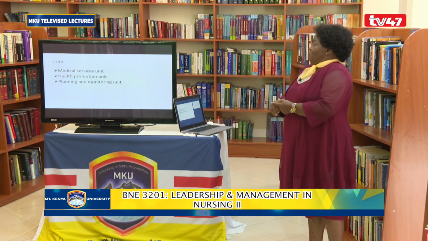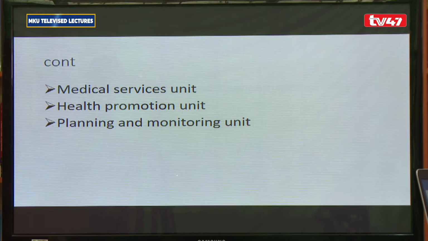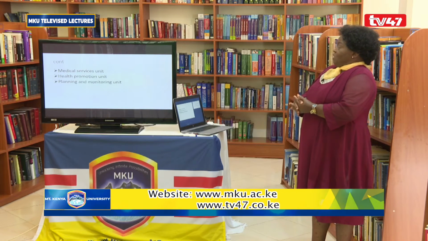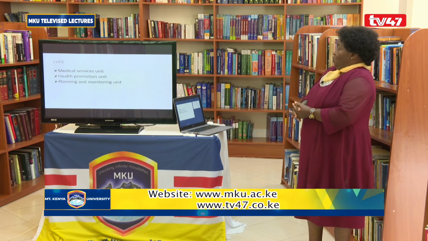Then there is a medical services unit that is concerned with the provision of care for those who are hospitalized, those who come to health facilities for daily care. Then there is a health promotion unit, responsible for ensuring that the county community remains healthy through health promotion.